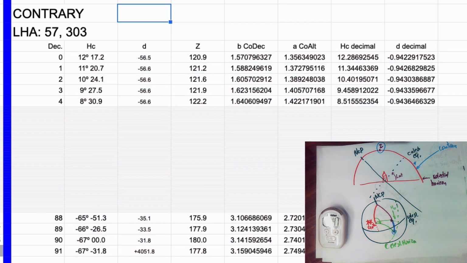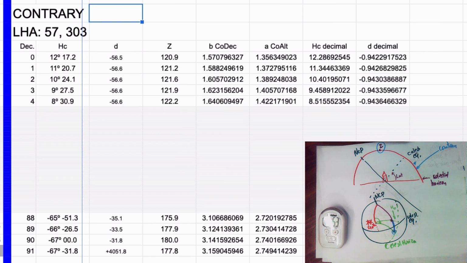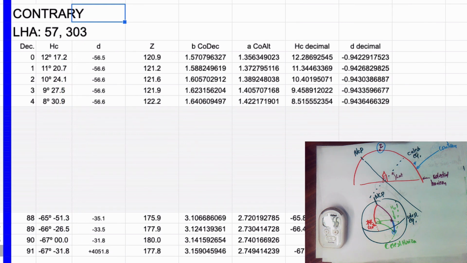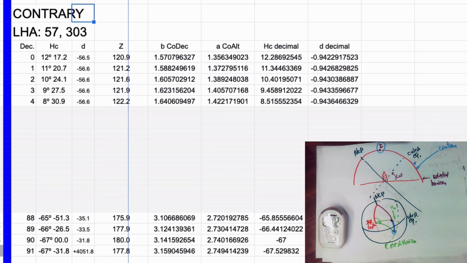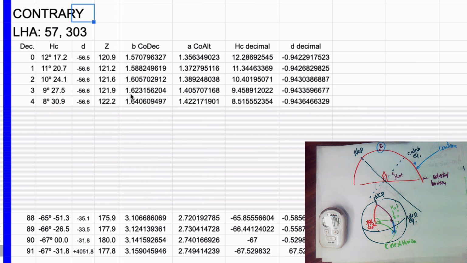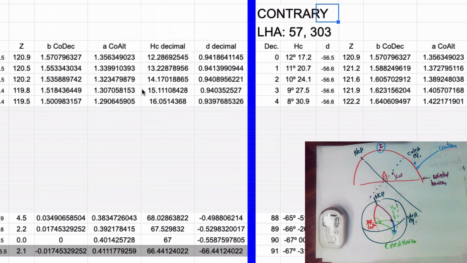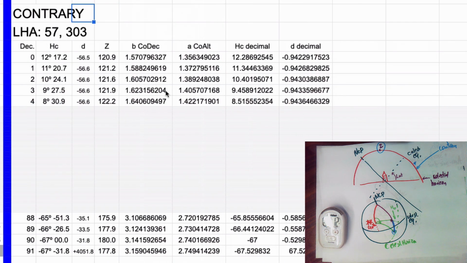So let's go back to our table, and you know what? I really need to make these columns smaller so that we don't have to scroll so much. I'm just making the columns a little smaller, and we'll make some of these other columns disappear. Oh, I'm getting ahead of myself.